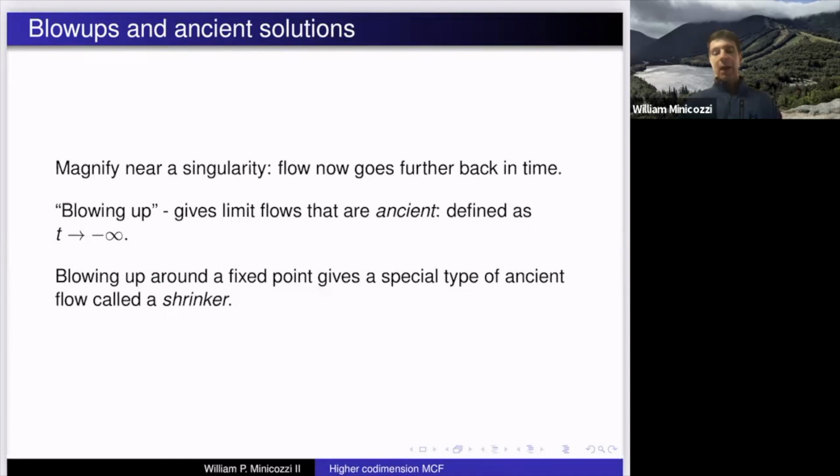And when you have this monotone quantity, which only has a finite amount of oscillation, in the limit, when you blow it up, that monotone quantity is constant. Constancy there implies that it's invariant under dilations. In this case, it's parabolic dilations, which dilate both space and time. And so these self-similar things are called shrinkers. Yep. Thank you, Camilla.